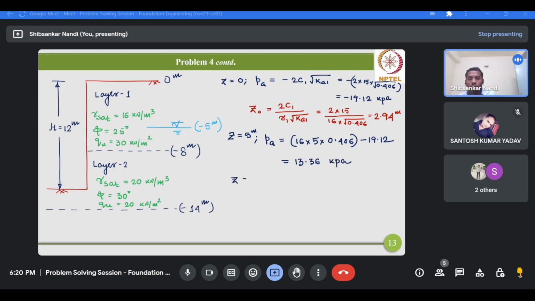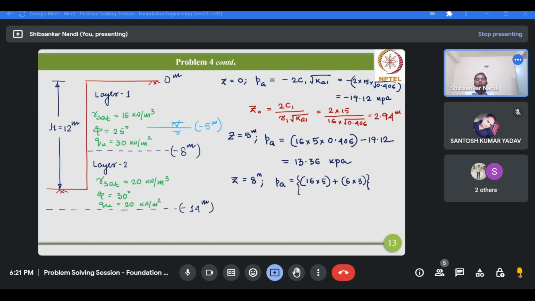Now we'll come to the interface, that is Z equals to 8 meter. First we will calculate the pressure for layer 1, then for layer 2. So PA would be 16 multiplied by 5 plus 6 multiplied by the remaining height.